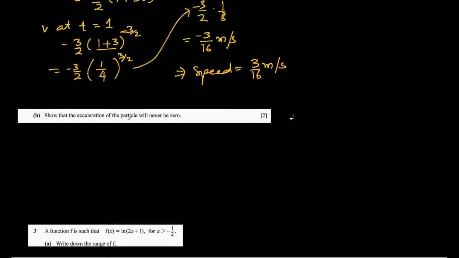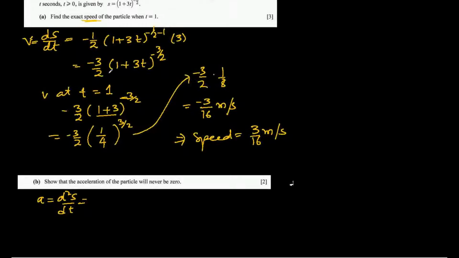Show that the acceleration of the particle will never be 0. Acceleration is the further differentiation of the velocity equation, which is the second derivative of the displacement equation. So we will differentiate the first derivative again. The constant remains constant, but minus 3/2 comes in front. 1 plus 3t again remains 1 plus 3t, but the exponent goes down by 1.